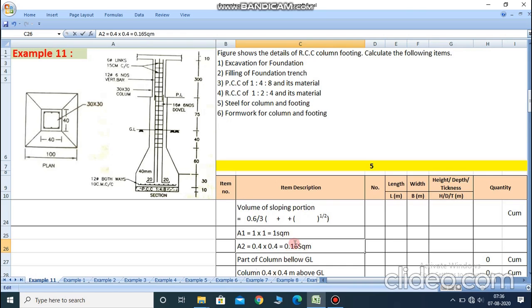Clear? So both values now go into this equation. Volume of sloping portion: A1 we put the value 1, and A2 we put the value 0.16.